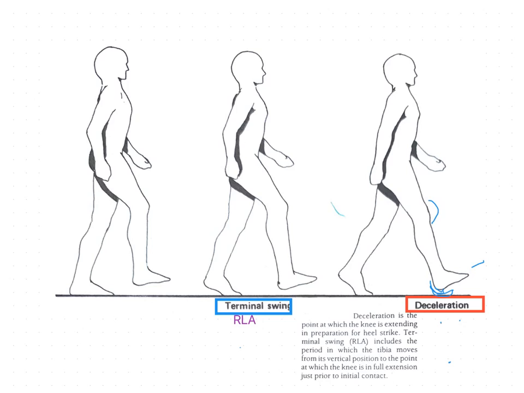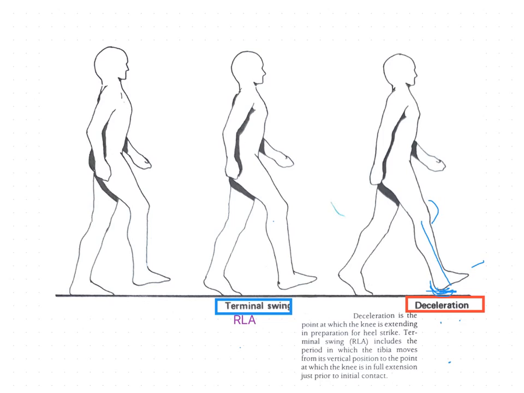Terminal swing includes the period from the point at which the tibia is in vertical position to a point just prior to initial contact. So that means up to here. It goes from vertical to more vertical, preparing for initial contact of that limb, the reference extremity.